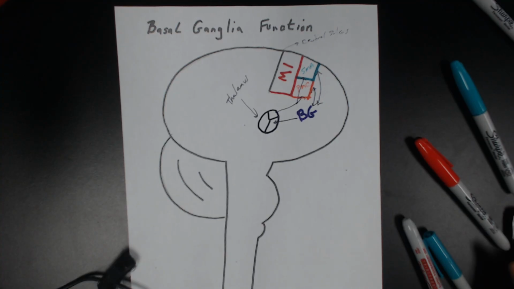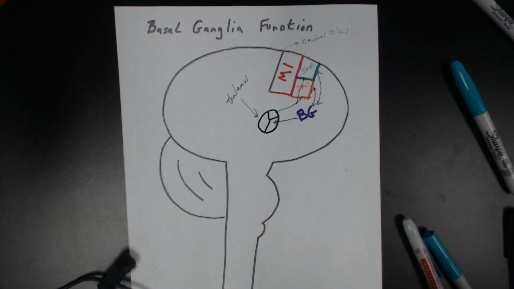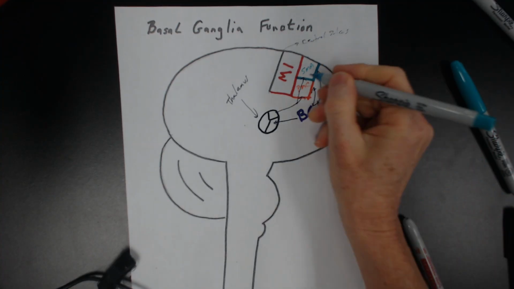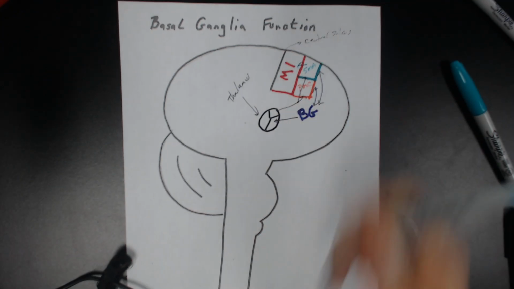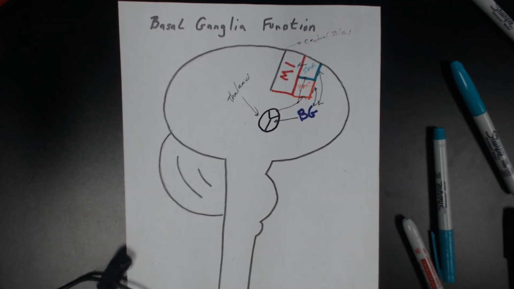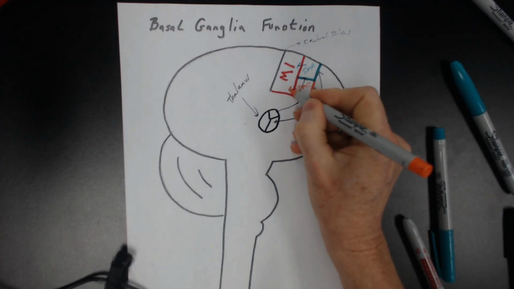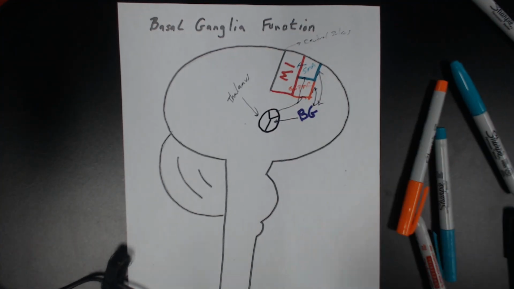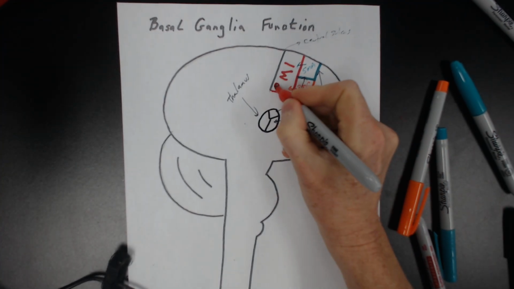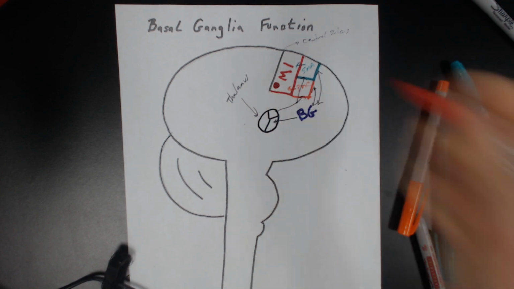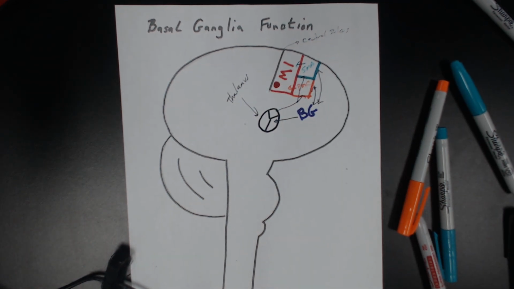So that when the SMA and the PMC communicate their information back to M1, they're involved in determining whether that upper motor neuron that resides in M1 is going to fire or not, or how much it's going to fire.